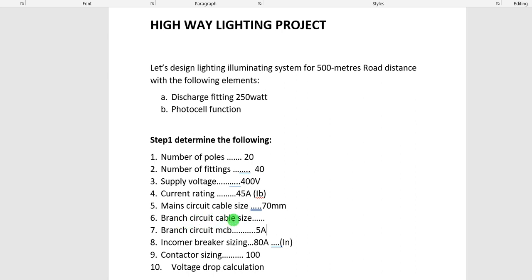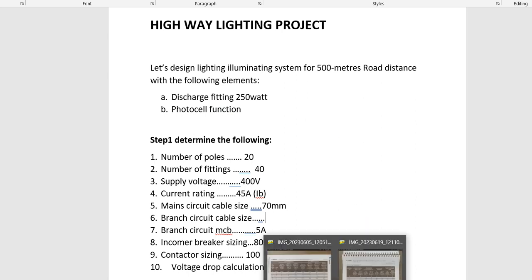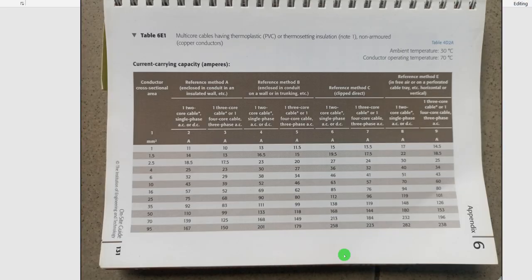So we're going to do the branch circuit cable size. We have 500 watts. We go back to the table of current carrying capacity. We can use 2.5 or we can also use 1.5. Let's choose 1.5 mm squared.